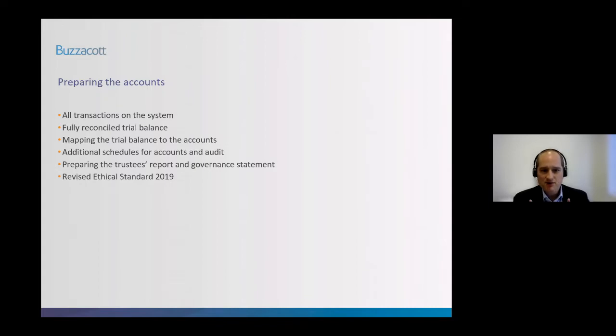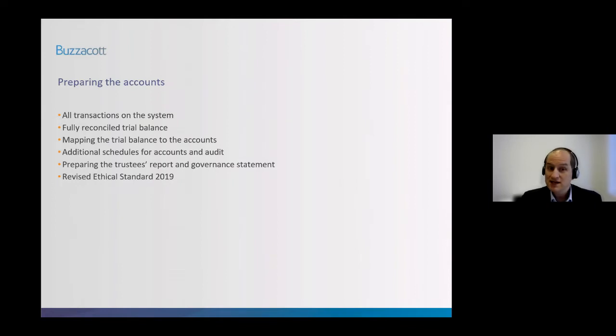So that process of mapping that trial balance into an ESFA format, David Wallace will look at later on, and then once you've got all of that and you've got your mapped trial balance, there will be further information that you need to provide for the accounts that doesn't come straight from the trial balance, and further information that you need for the audit. So we'll have a look at some of those areas too.